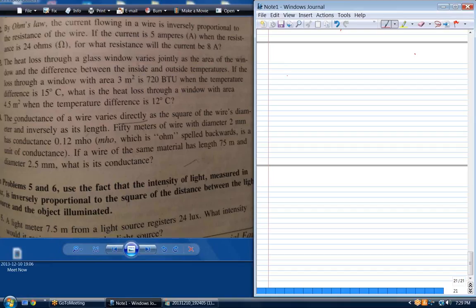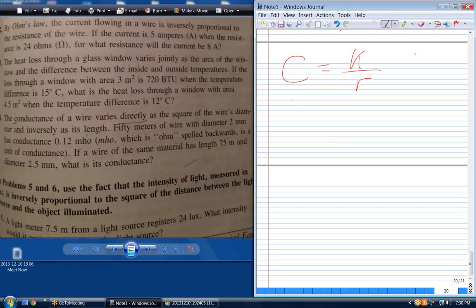Inversely proportional, so give me an equation. That's what I do with all of these: whatever it says, that's the variable I use. So let's do C equals K divided by the resistance of the wire, which would be R.